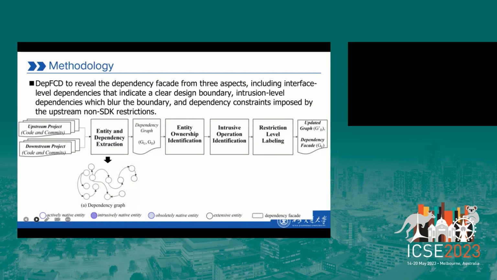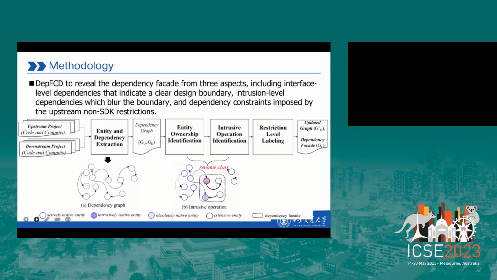Then, for entity ownership and intrusive operation identification, we first leverage a command like git blame to obtain the commit site of the entities, and find the intersection between this commit site and different commit histories which came from the downstream, the corresponding upstream, or the older versions to identify entity ownership, as shown in Fig B.